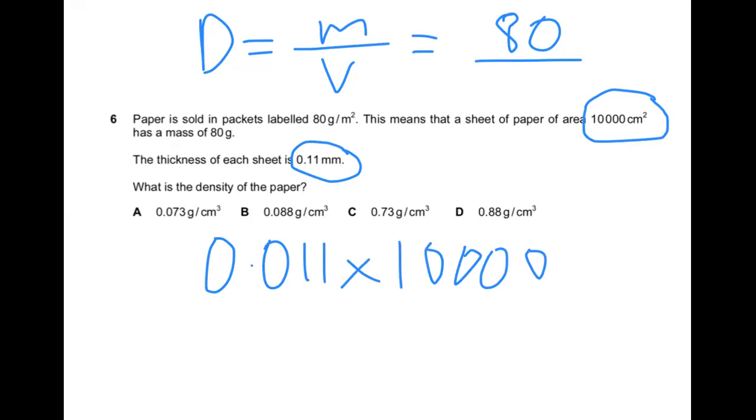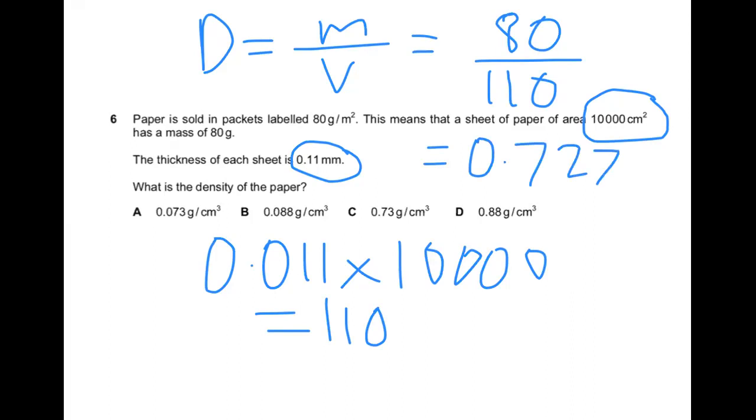This is coming equals 110. This is the volume in centimeter cube. So we'll divide 80 by 110. The answer is coming 0.727, approximately 0.73. That is option C.